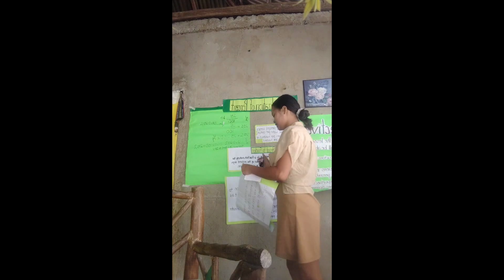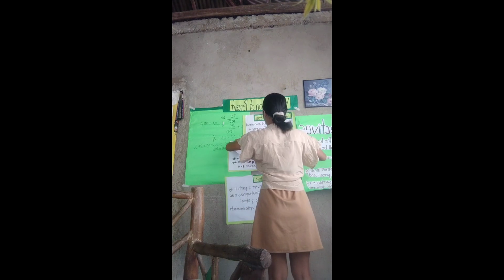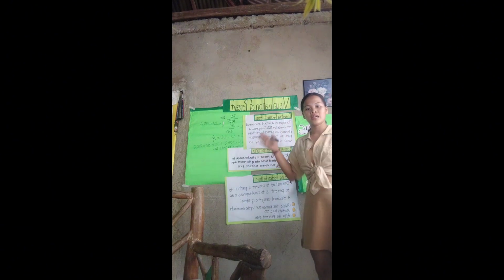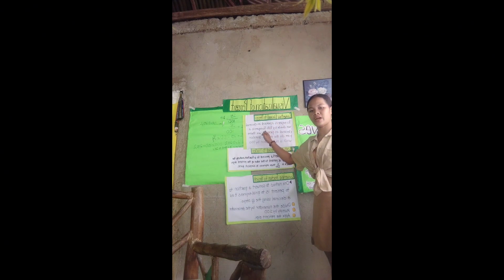Next, because we are done with converting a fraction into percent, let's move on to converting decimal to percent. Okay, to express a percent as a decimal, we divide by 100.